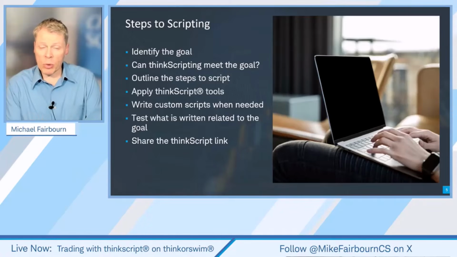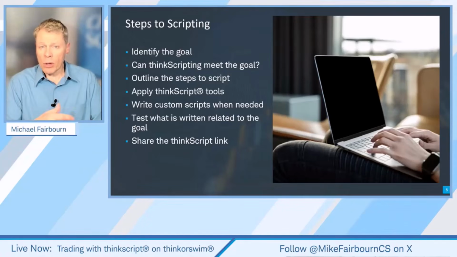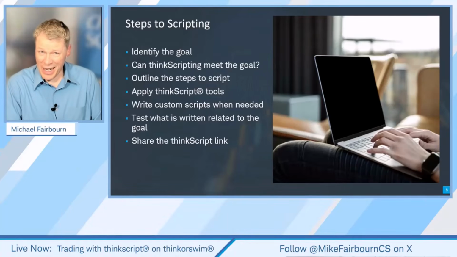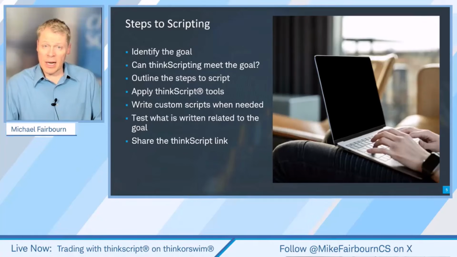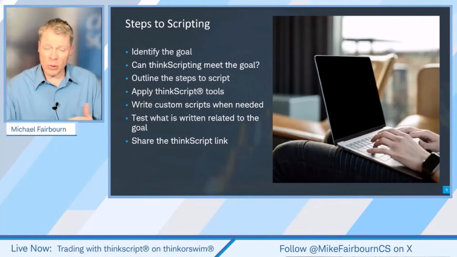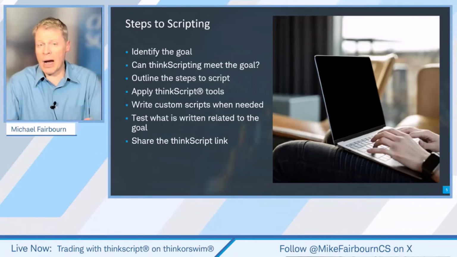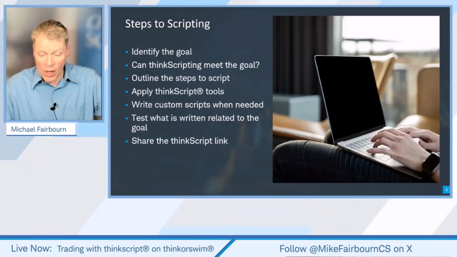We outline the scripts, we apply the ThinkScript, and a lot of times we are using existing indicators on the platform to build custom columns and custom scans, so that we can look at these and try to find different scenarios where options or the stocks themselves might have changes in a number of different features that we're looking for within options. So we're going to be tapping into that.